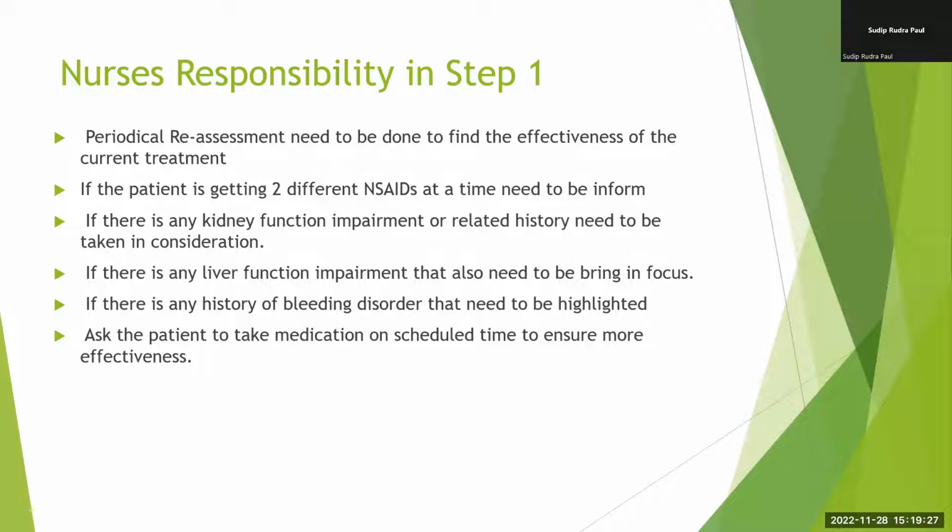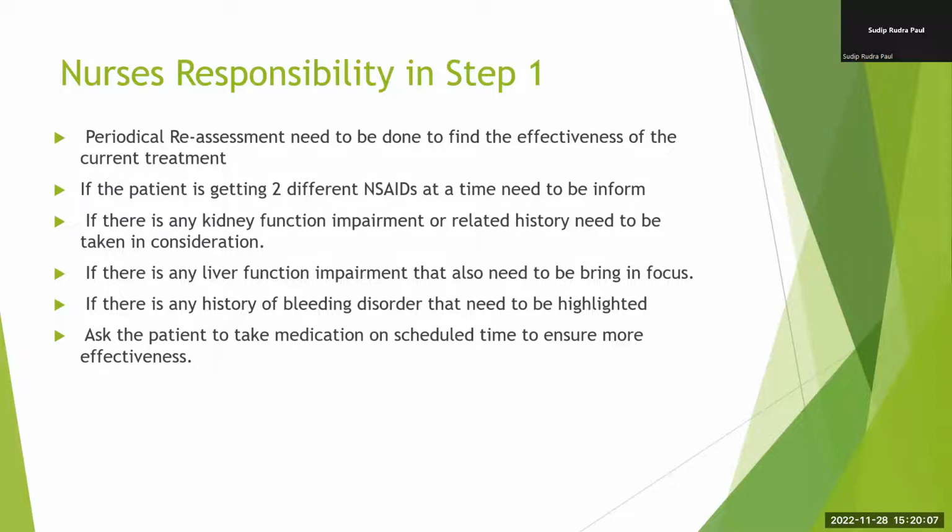This should not happen. It is our responsibility to inform the doctor that, maybe unfortunately they did not notice, the patient is getting 2 NSAID drugs at the same time. Next, if the patient has any history of kidney function impairment, or if we find previous reports, even if the current reports are okay, where creatinine and urea were very high, we should keep that in mind.